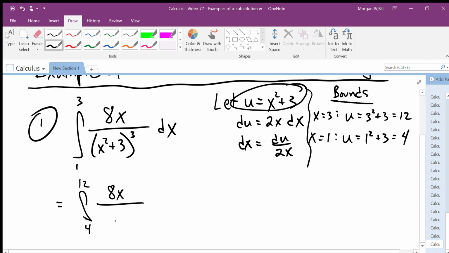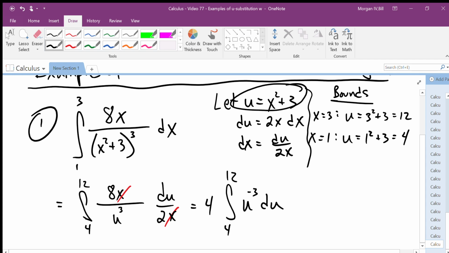X squared plus 3 becomes u, it was cubed, so it's u to the third power. And dx becomes du over 2x. X's cancel. 8 divided by 2 is 4, so I'm going to bring that 4 out front. Integral from 4 to 12 of 1 over u cubed, which is the same thing as u to the negative 3 du.